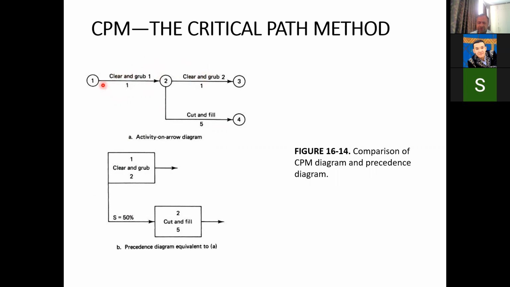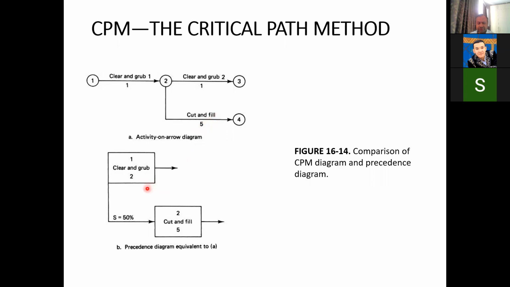Both represent 1 week of work. So when clear and grub 1 is completed, we can logically connect it with another arrow, which is represented by the cut and fill activity. So this is one of the ways in which we can represent this type of situation in the activity on arrow diagram.